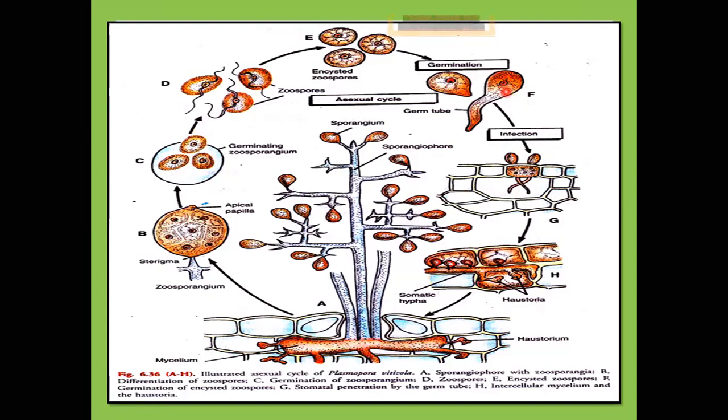In short, oospores and infected plant parts act as the primary source, and zoospores and sporangia act as the secondary source of infection seen in Plasmopara viticola.